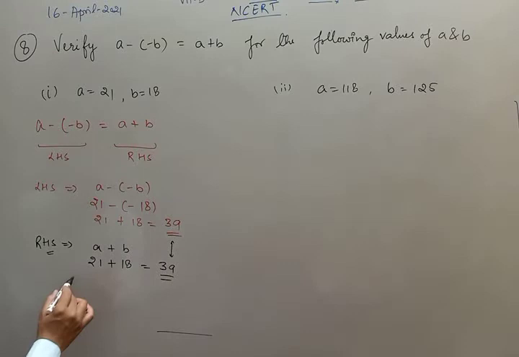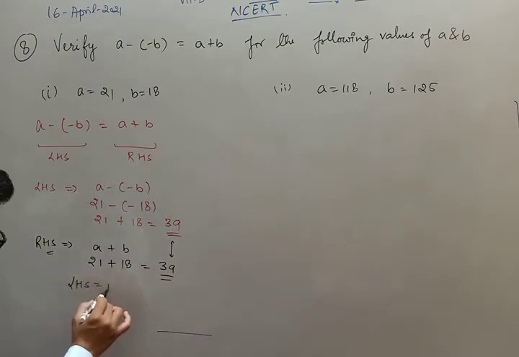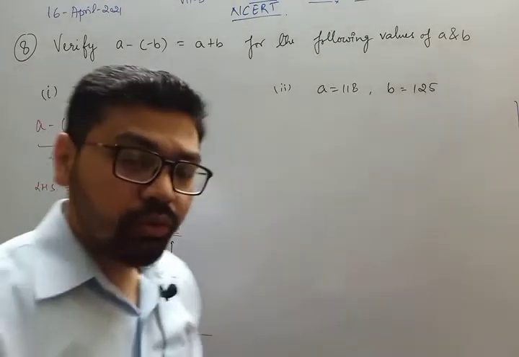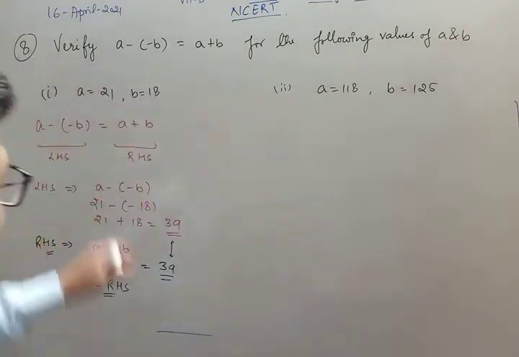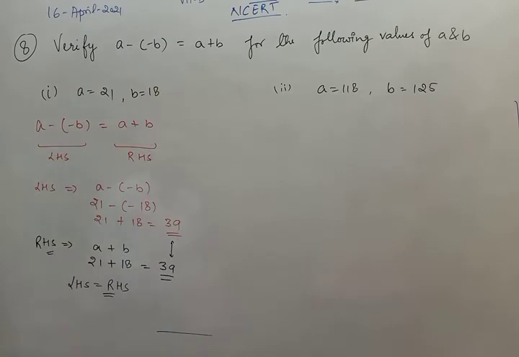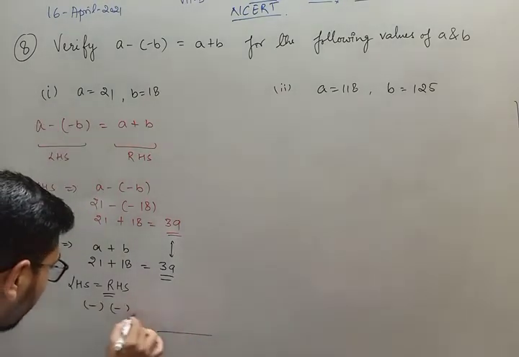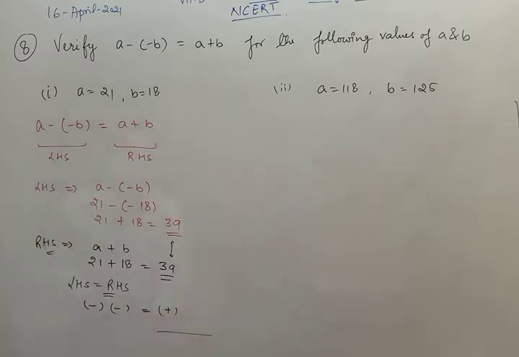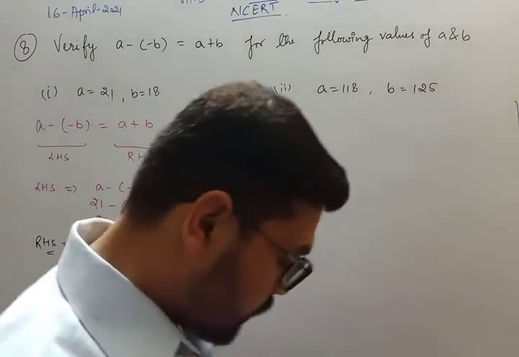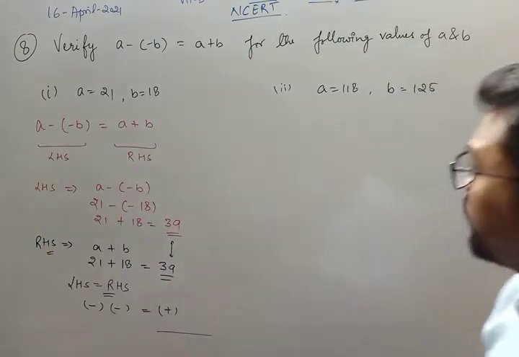So I can say LHS equals RHS, right? So what conclusion you can draw from there is that minus minus is plus. So the conclusion is minus minus is equal to plus. When you multiply minus into minus, what will you get? Plus. Similarly, you can check the next question.